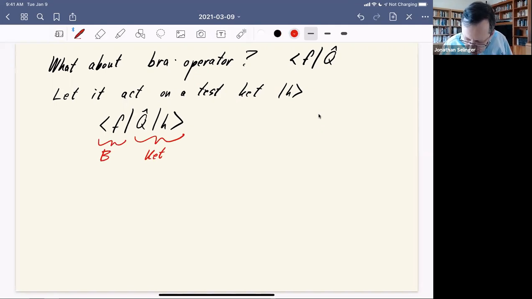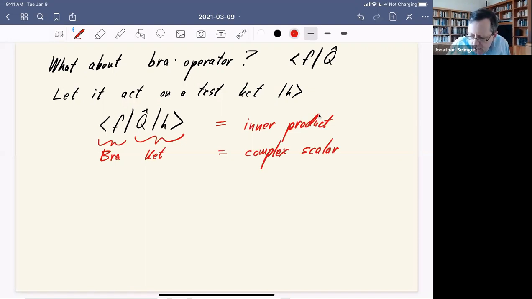The F is a bra. So this whole thing is an inner product, which is a complex scalar. So the bra operator acting on a ket produces a complex scalar.